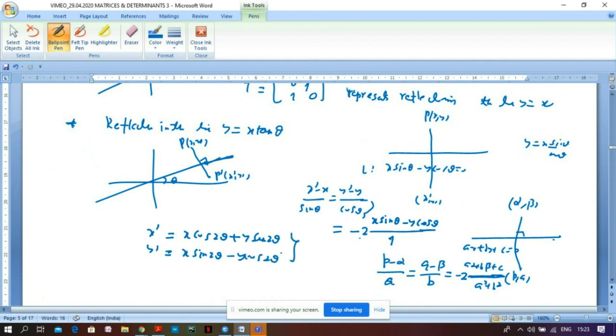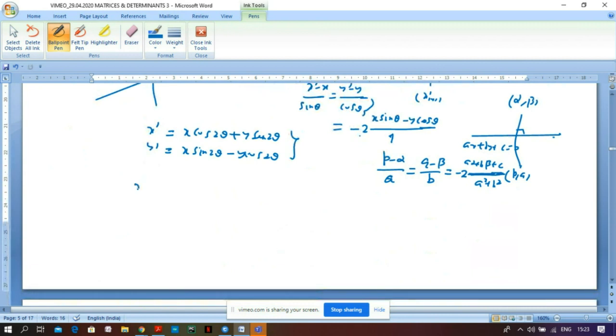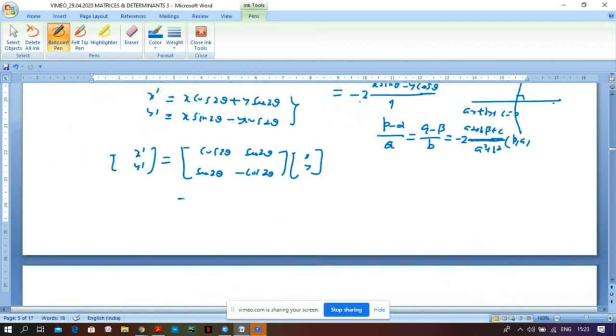That's the standard derivation. And the moment you get this, then you can write that (x', y') equals the matrix cos 2 theta, sine 2 theta, sine 2 theta, negative of cos 2 theta, times (x, y). So the matrix that you got, T equal to cos 2 theta, sine 2 theta, sine 2 theta, negative of cos 2 theta, represents the reflection.